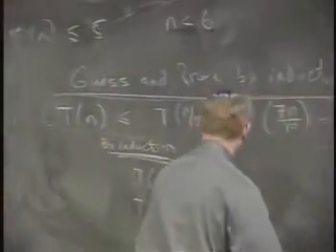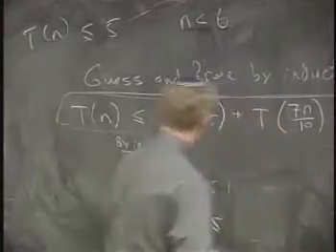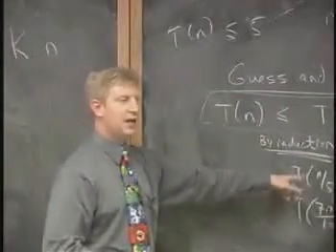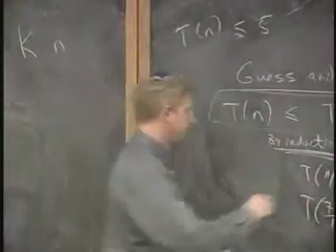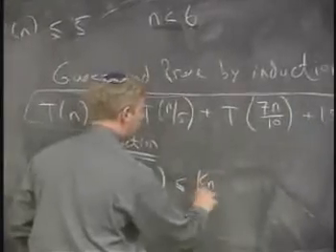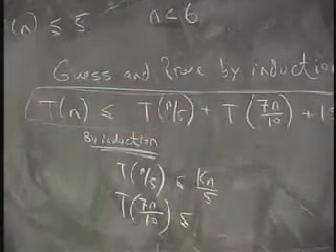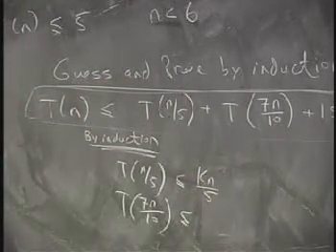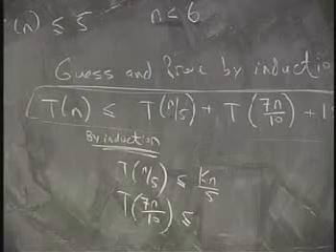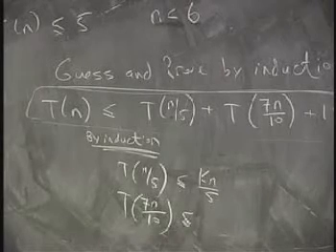Now everything gets more complicated. My inductive assumption: T(n/5) is less than what now? kn over 5. The minute the specific example goes away and things get general, you lose it unless you have some kind of picture of the specific example in your head that you can graph the generality on.